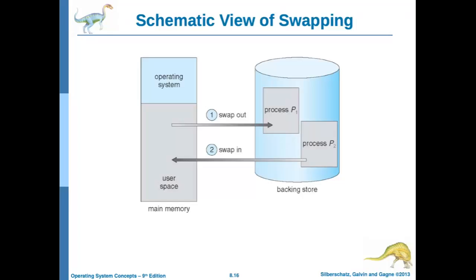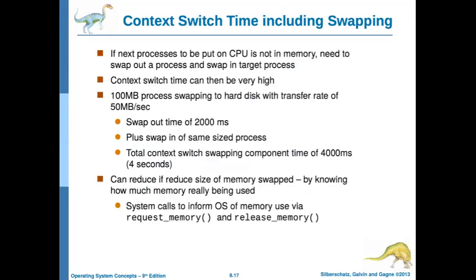Now we have a separate backing store, that is the swap area. The swap out operation will transfer process P2 from the backing store to the user space. That is how it works. So this is a schematic view of the concept of swapping.